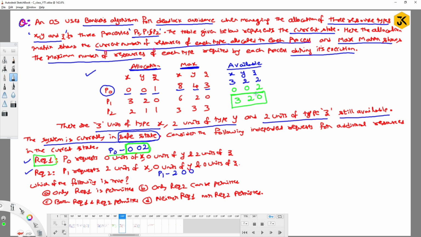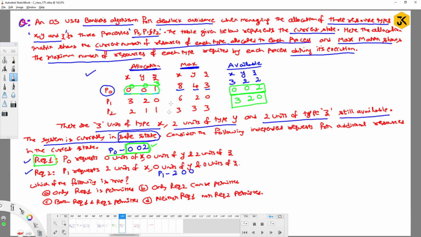Then this 0, 0, 2 will be allocated to process P0. I am using the green color to represent the first request. Now allocated is 0, 0, 3, because 0, 0, 2 is what was requested now.